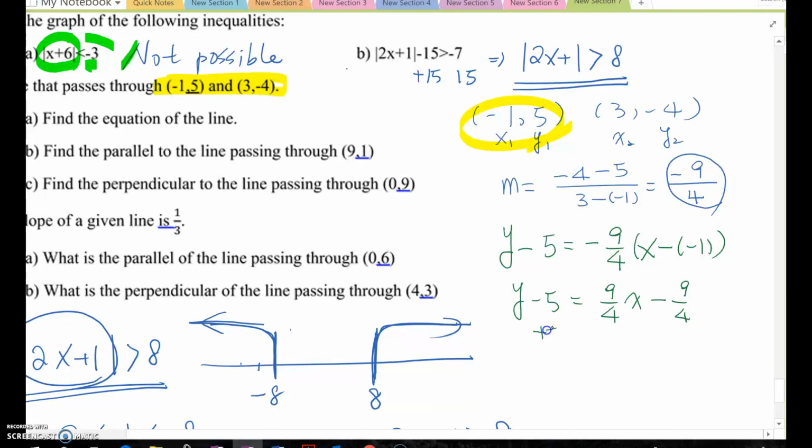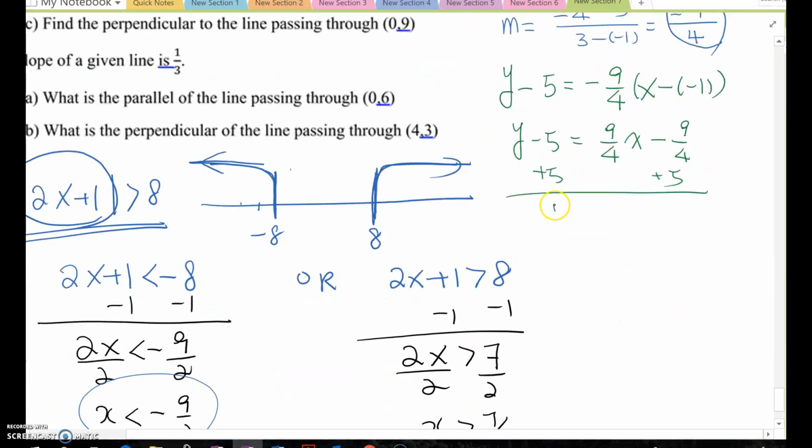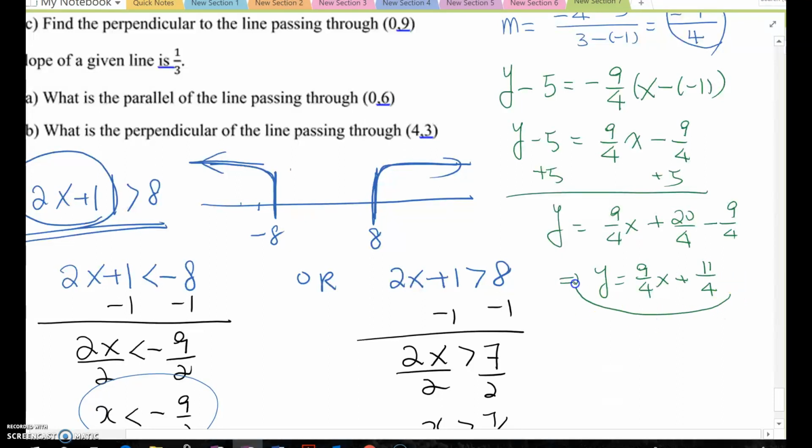So you combine 5 here, then it becomes y equals negative 9 over 4 x, and then plus 20 over 4 minus 9 over 4, so y equals negative 9 over 4 x plus 11 over 4. So that will be the equation of the line here.